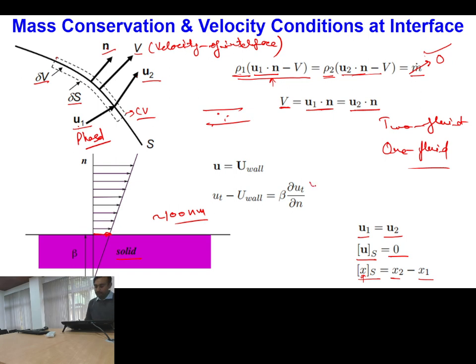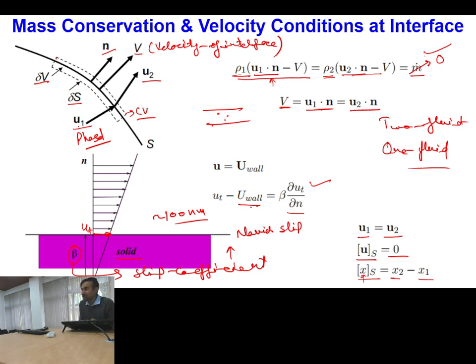For that we use this particular equation: the tangential velocity at this point minus the velocity of the wall is equal to beta times del ut by del n, where beta is called the slip coefficient. What is beta? Beta is your slip coefficient, or majority of the time it is also called the Navier slip length, because beta indicates a parameter of length.